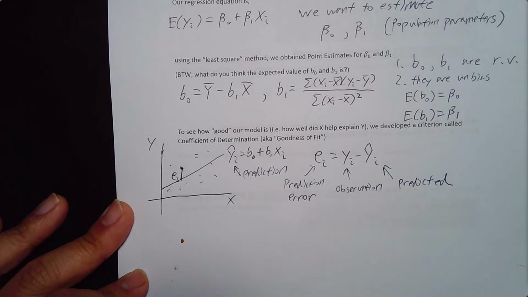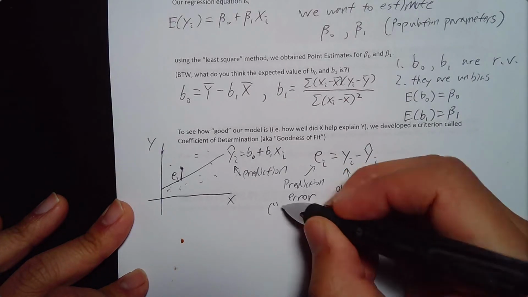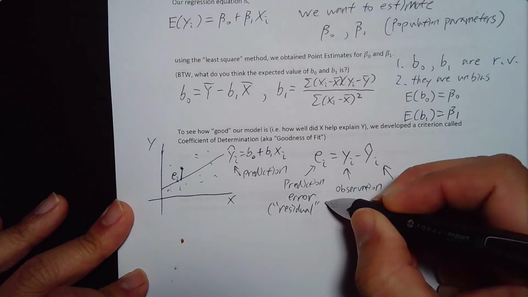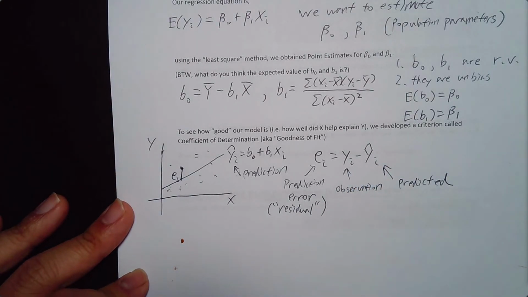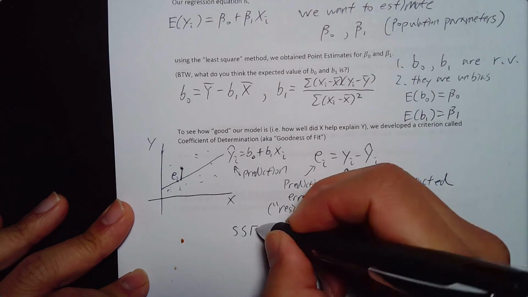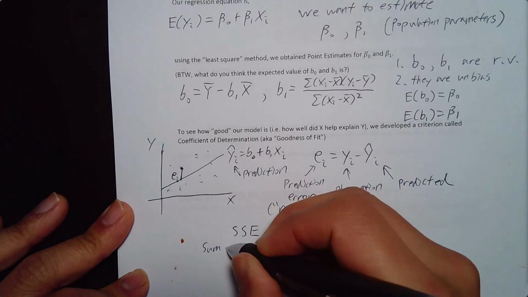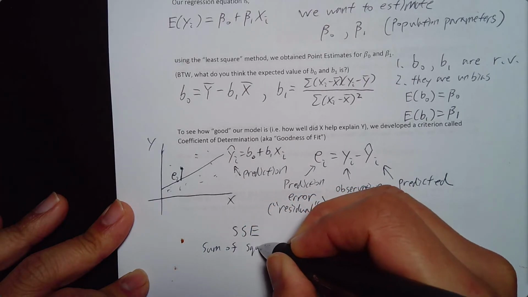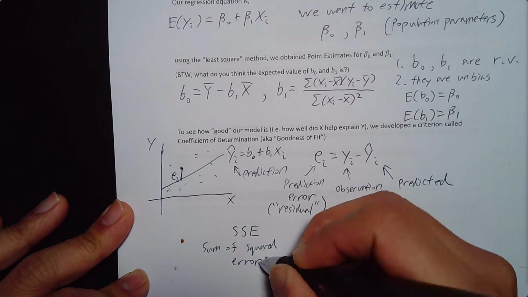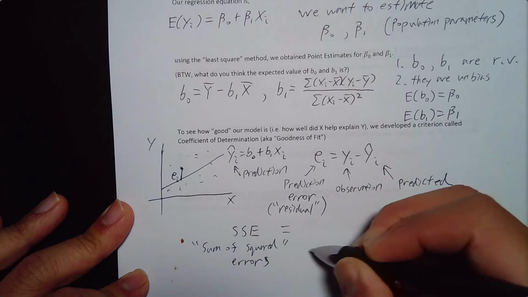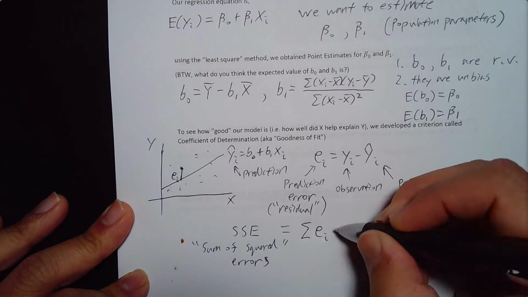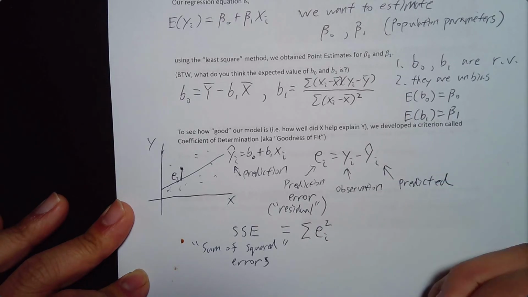Another name for this prediction error is the residual, what's left over that has not been explained yet. And then our first measure or metric is called SSE, the sum of squared error. What is SSE? It is exactly as the name suggests. It's the sum of the errors squared, and we gather this up.